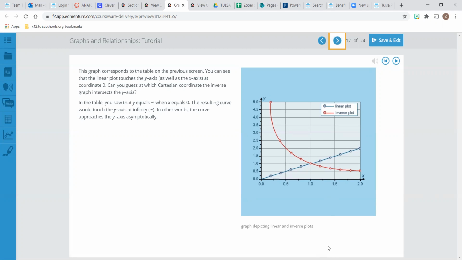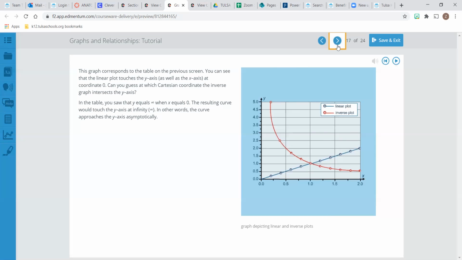But we're usually more invested, and we want to know what happens in these points. We don't really care about infinity right now or 0. But this is a good visualization between the difference of a linear plot and an inverse.